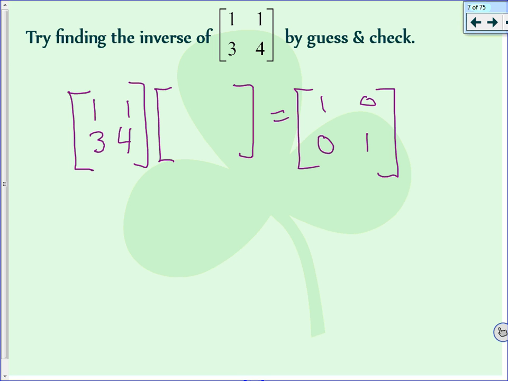Yeah, that's true. So I want to know what I can multiply that by to get 1001. Because the definition of an inverse is that a matrix times its inverse is I. So I think the cat's out of the bag.